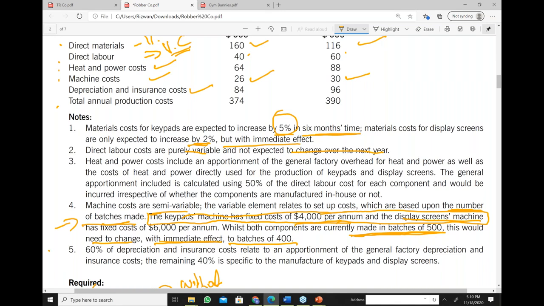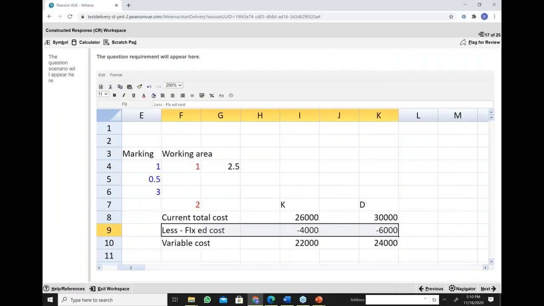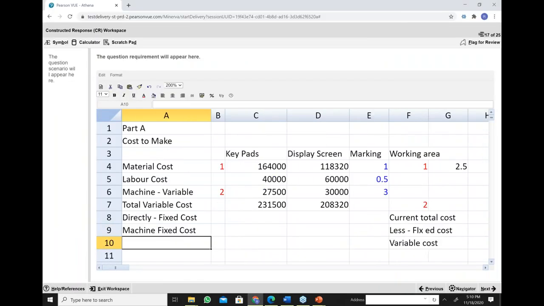So it gives me the idea, okay, display screen machine. So I think it's a relevant directly attributable cost, because it is very much related to the machine, like keypad machine and display screen machine. But if you still think it's not relevant and the statement is not clear, the examiner did allow both treatments. So let's move on then. So I'll consider this as a relevant cost.